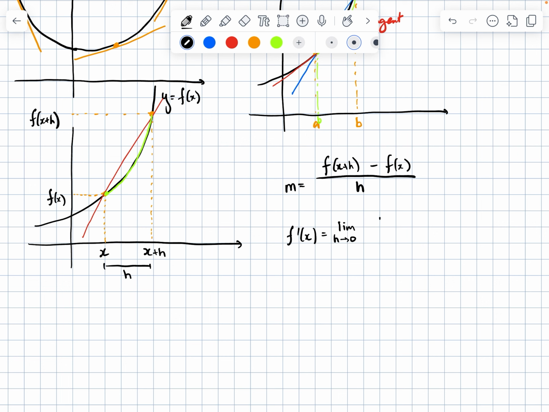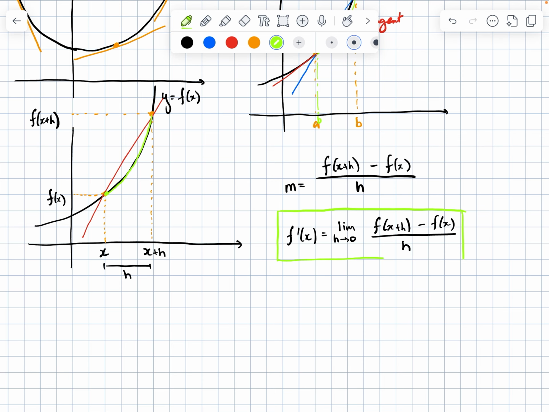A limit is simply what a function behaves like as you get really close to something, not when you're at it, but really close. Of f of x plus h minus the function of x over h. This here is the definition of differentiation.